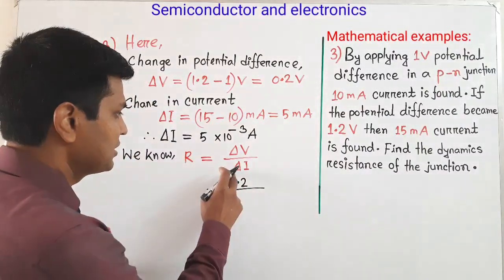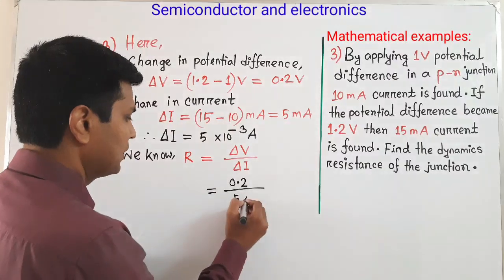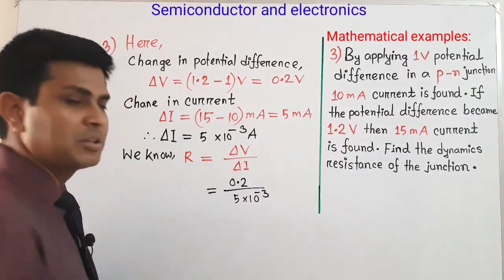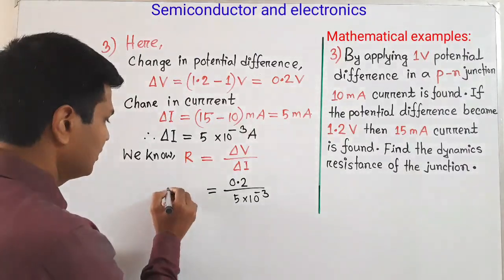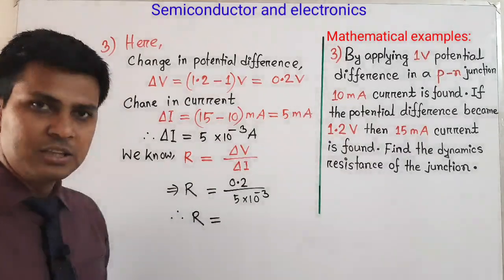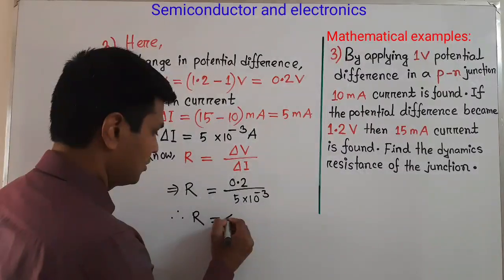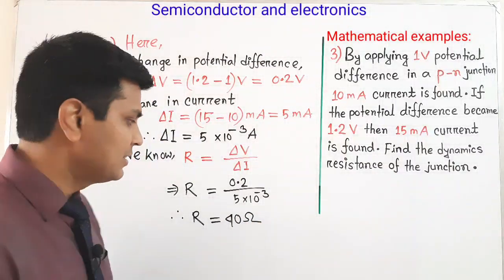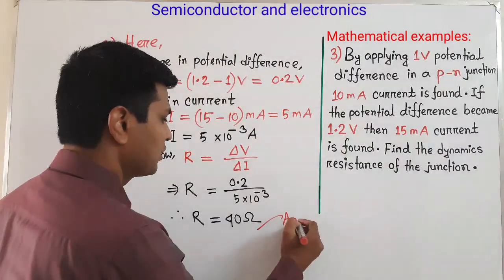The change in current is here 5 into 10 to the power minus 3. So after calculating this expression, the answer of the dynamic resistance R equals 40 ohm. This is the answer of question number 3.